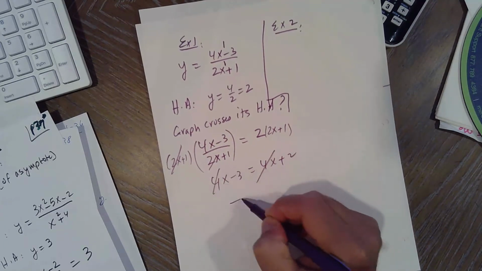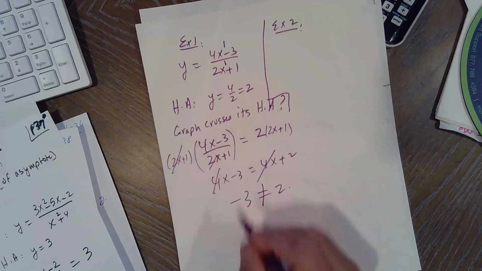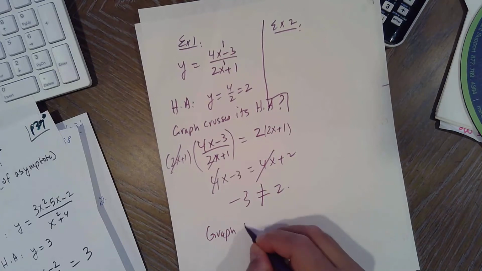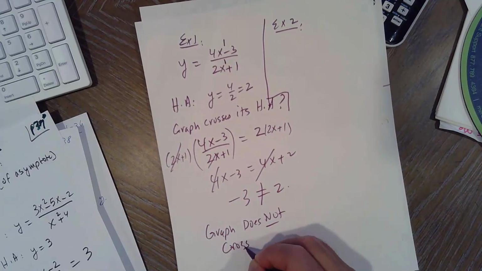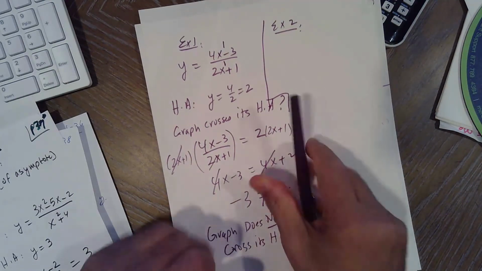It doesn't make sense because negative 3 does not equal 2. So the graph does not cross its horizontal asymptote.